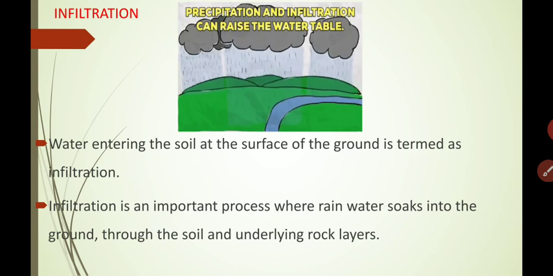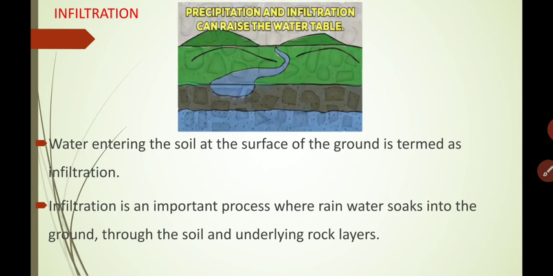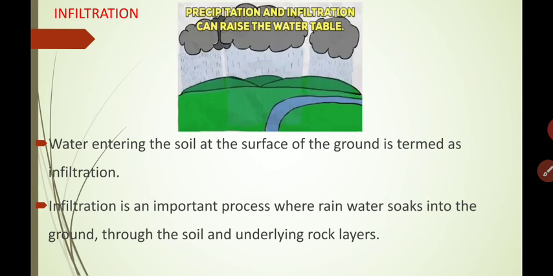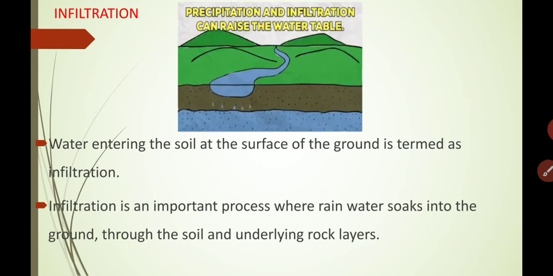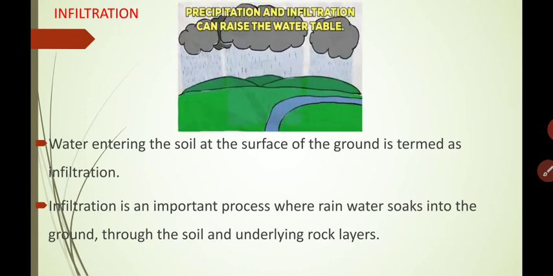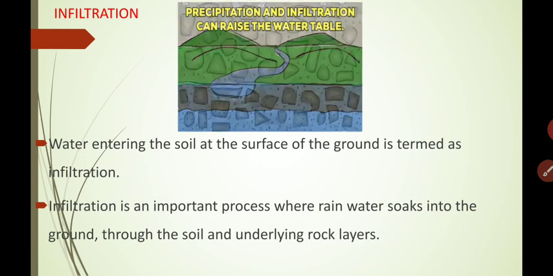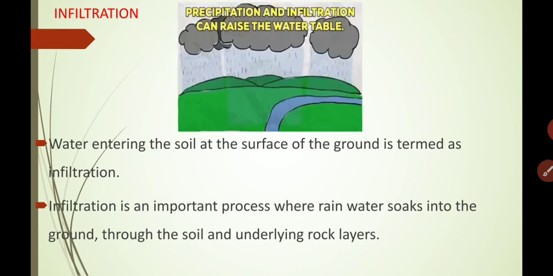Water entering the soil at the surface of the ground is termed infiltration. Infiltration allows the soil temporarily to store water, making it available for plants. This water is useful for plants and organisms in the soil.